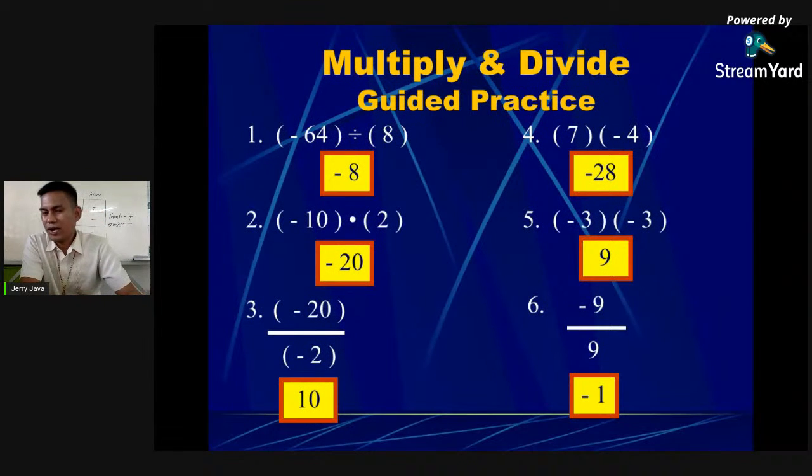Okay, who got 6? Write your scores now for multiplication and division. 6 out of 6, 5 out of 6. What's your score? Passing is 5. Write your scores, be honest. 6 out of 6, very good.